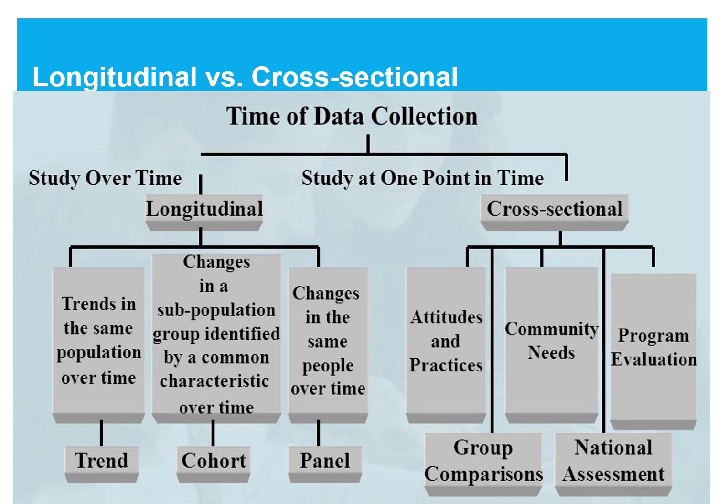Cross-sectional, on the other hand, is a study at one point in time, a snapshot. It could be attitudes and practice around a particular event, or community needs at this particular time under COVID, for example. It could be a program evaluation, looking at what happens after it has been implemented.